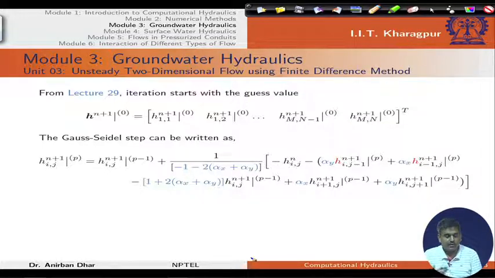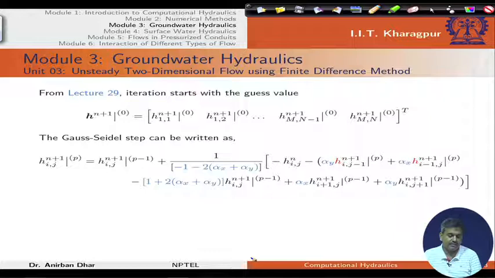we need to convert the problem into single index notation for solution using our standard direct approaches, but in the Gauss-Seidel approach we can avoid that and we can get the solution without storing the coefficient matrix.